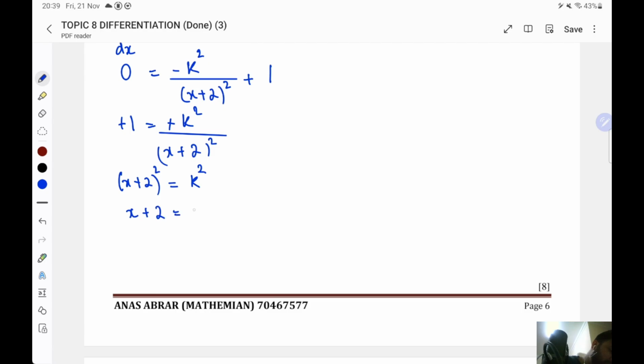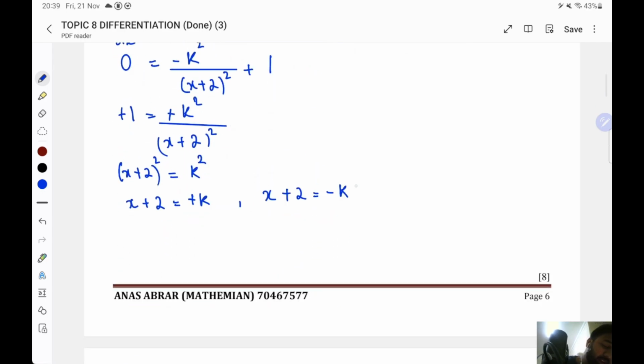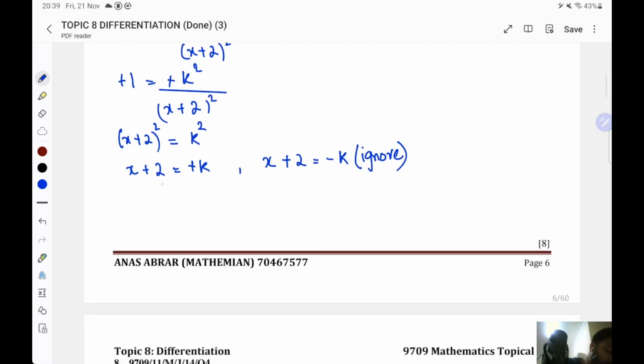There are going to be two values for k, one positive and the other negative. But the question says k is a positive constant, so we are going to ignore the negative value of k. So the value of x will be k minus 2.